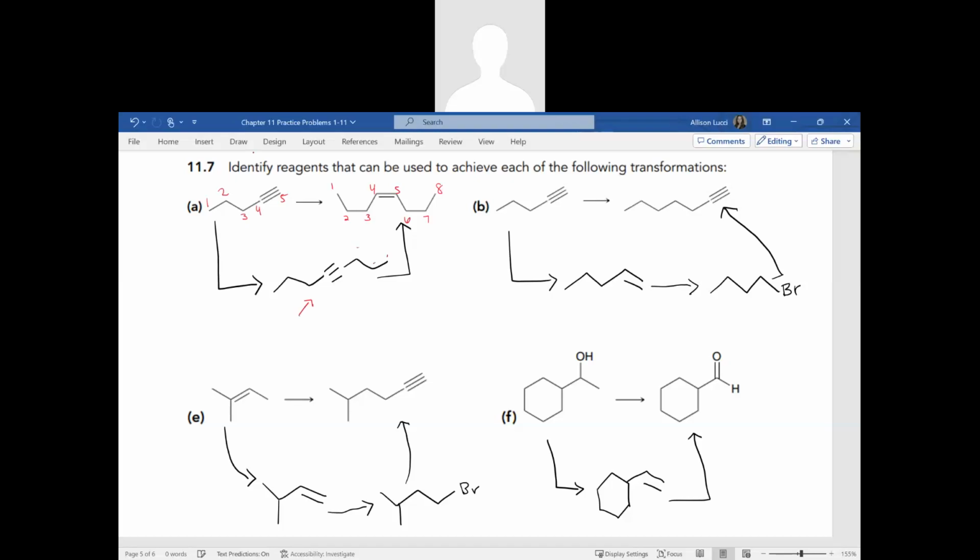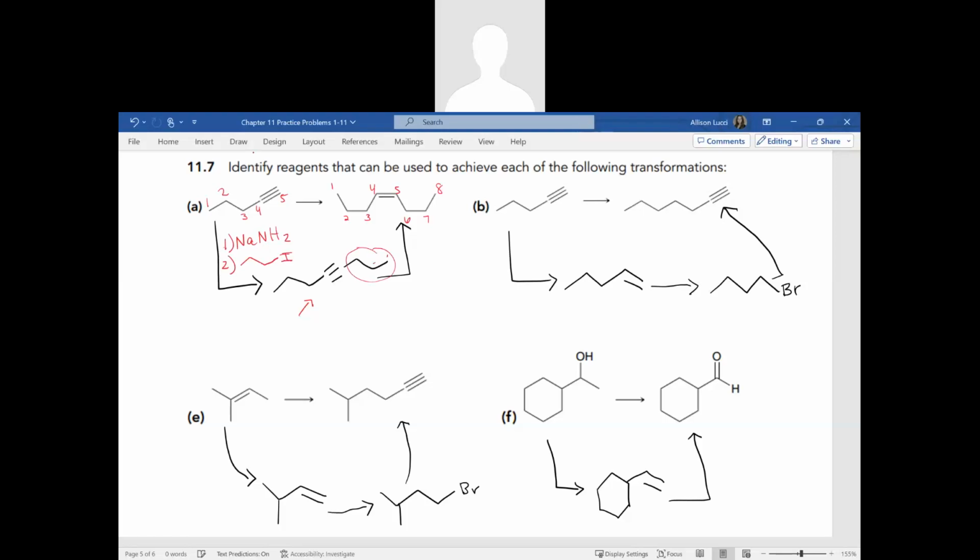So we could accomplish this by performing an alkylation, right? So we've added using sodium amide, and then our electrophile, we could use something like propyl iodide, and that would install this group over here to our starting material.